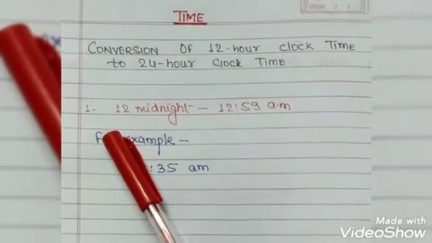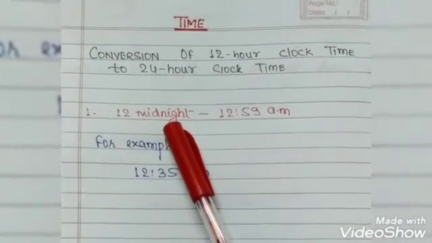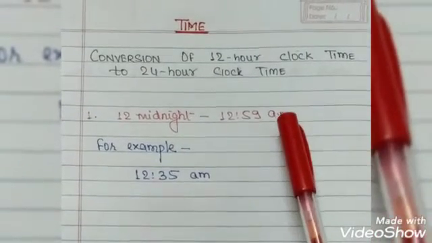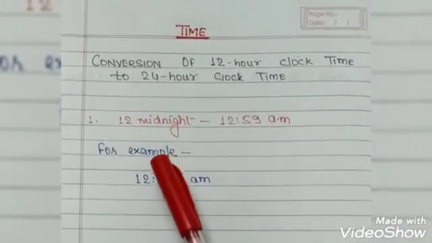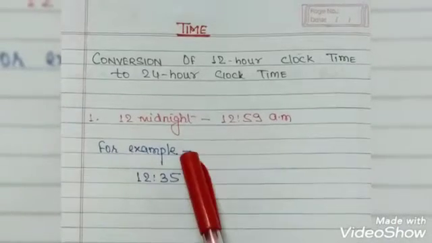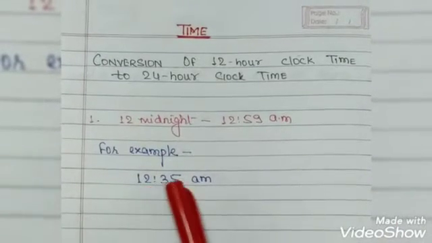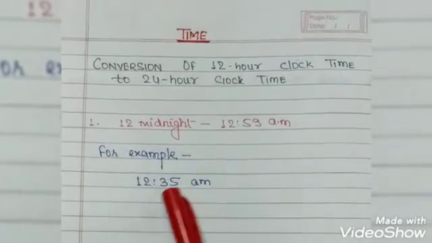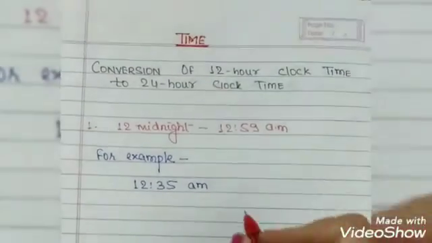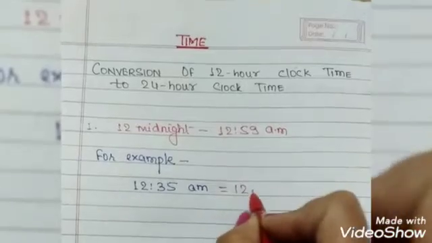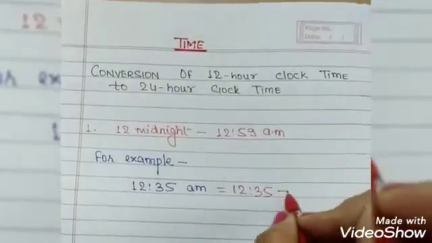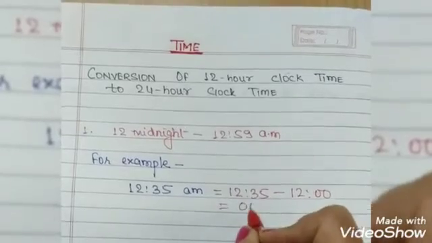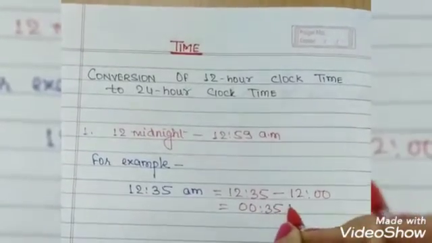Number 1, for the time from 12 midnight to 12:59 am, we will subtract 12 from the given time. For example, the given time is 12:35 am. Then we will subtract 12 from 12:35, which will give us 00:35 hours.